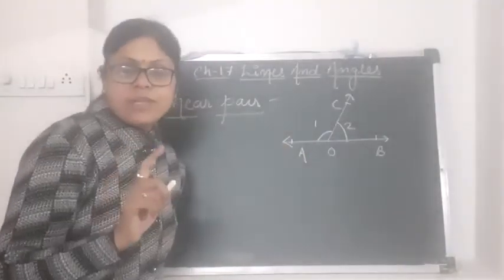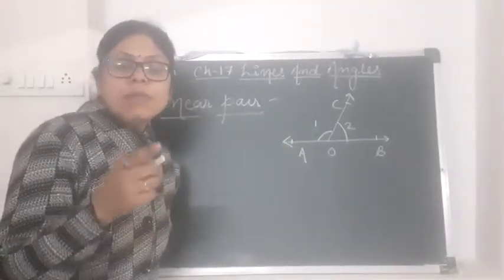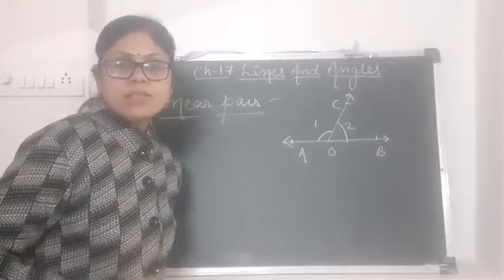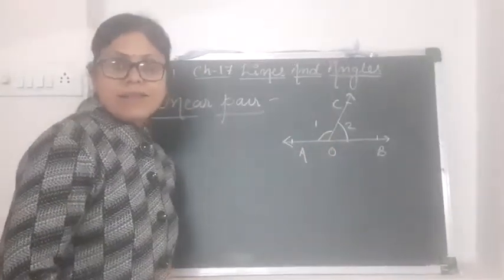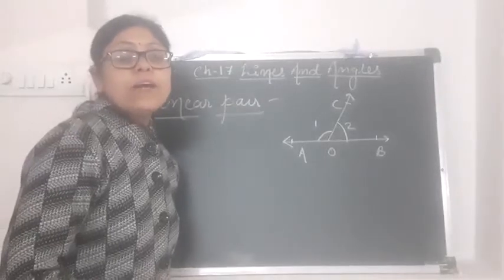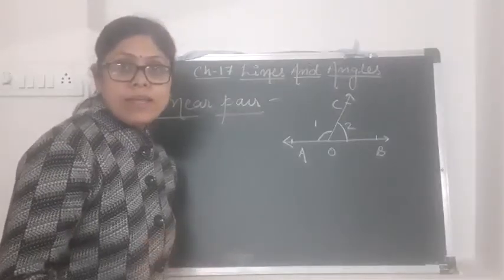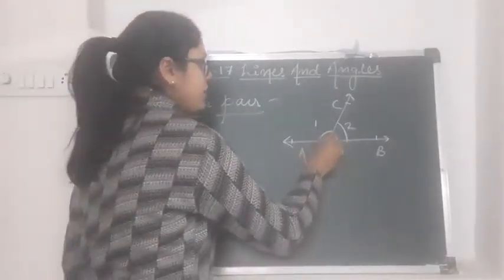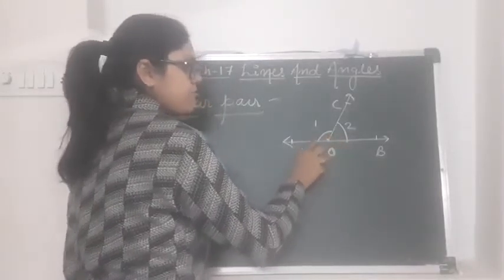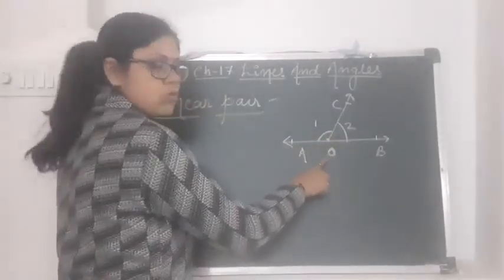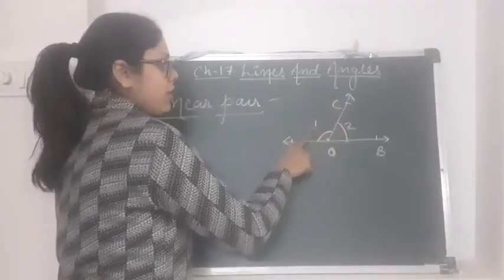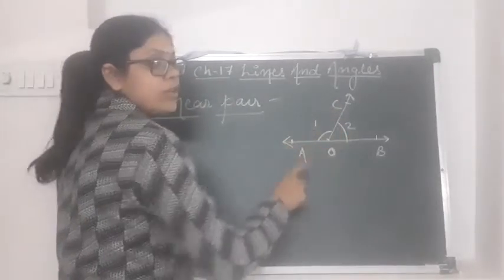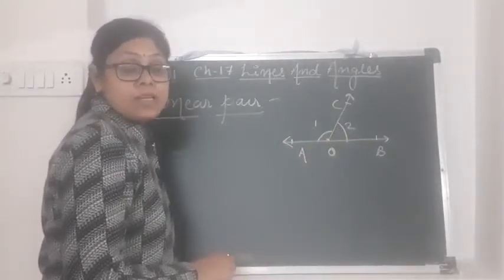As I said, in layman's language, neighboring angles are called adjacent angles. Of course, these two are neighboring angles, so they are adjacent angles. Now they are forming a linear pair. It has a common vertex, OC is a common ray, and OA and OB are the opposite rays.